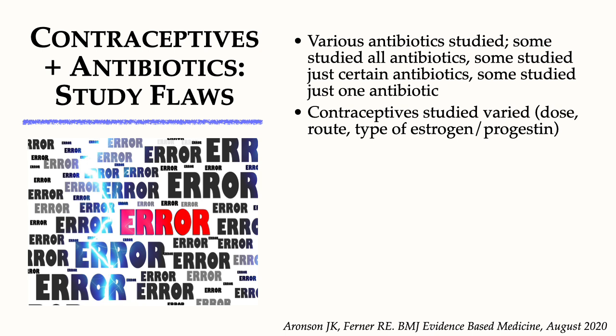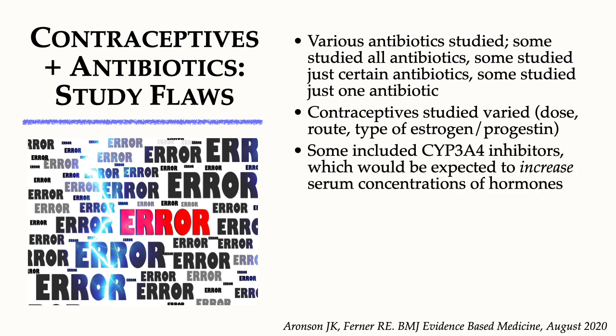The contraceptive studied varied by dose and route and type of estrogen, progestin. Some included 3A4 inhibitors, which would be expected to increase serum concentrations of hormones, not decrease them. So there's no way that those antibiotics that were 3A4 inhibitors would be expected to interact. If anything, they would increase the blood levels of the contraceptive hormones.